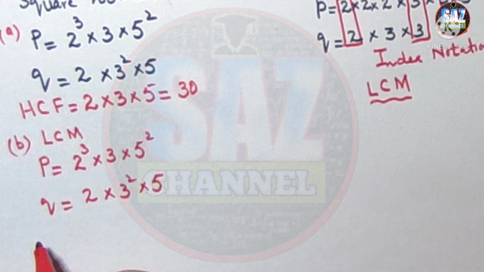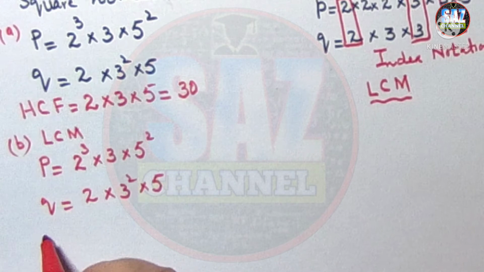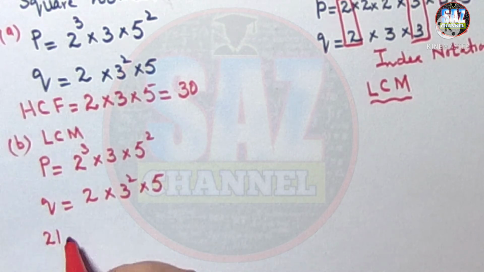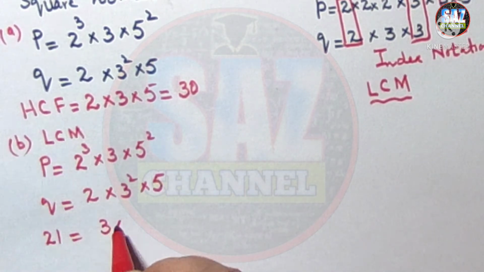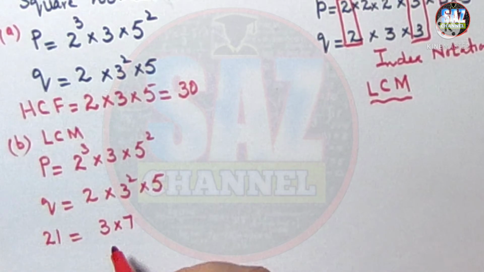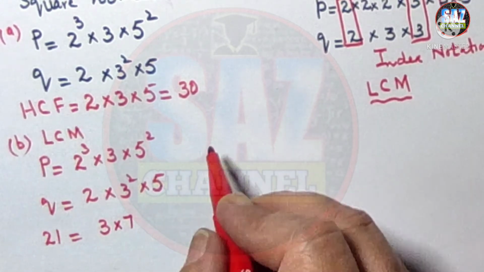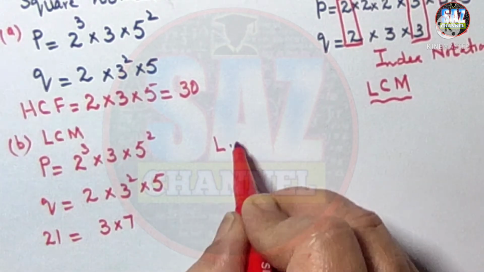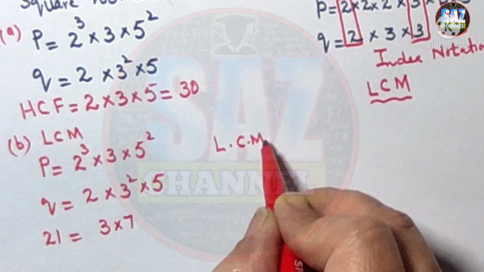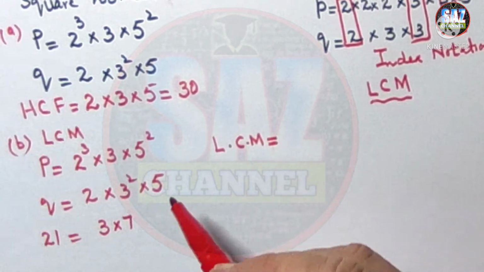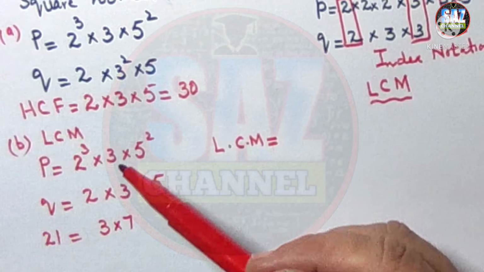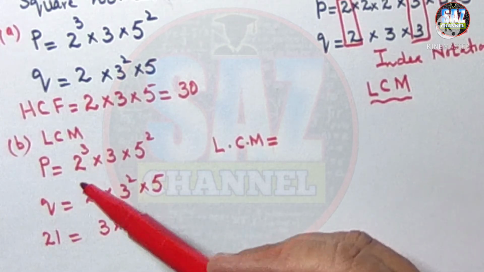Let R be 21. Either we can give it some name or we can write 21 as 3 times 7. Now LCM of these three numbers, the product of common and non-common factors, and commons have to come with their largest power.